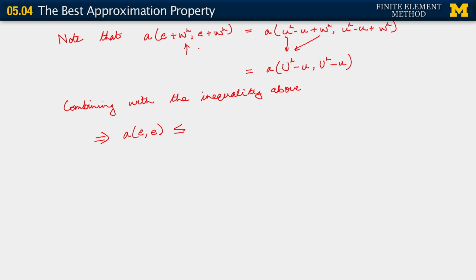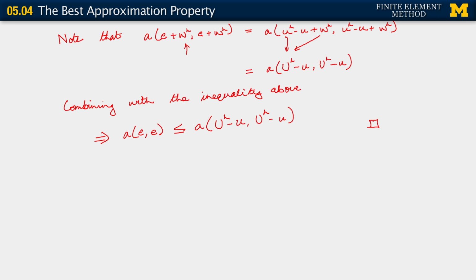Well, that means it's also lesser than or equal to UH minus U, comma UH minus U. This is what we set out to prove. Okay, we're done. What we've done here is prove the best approximation property.